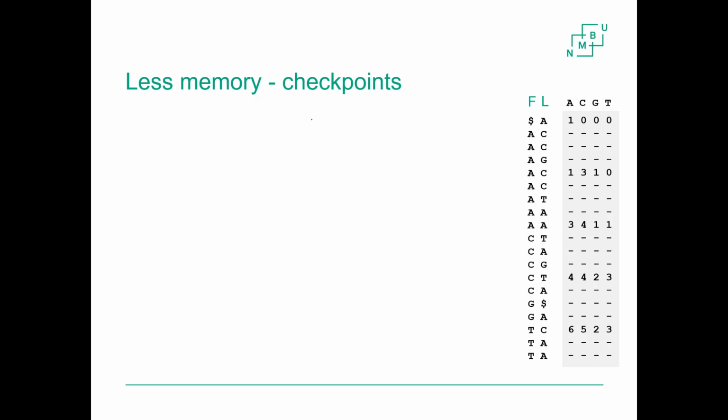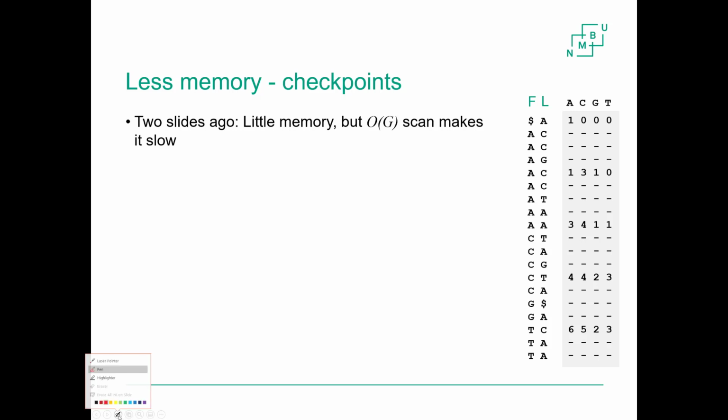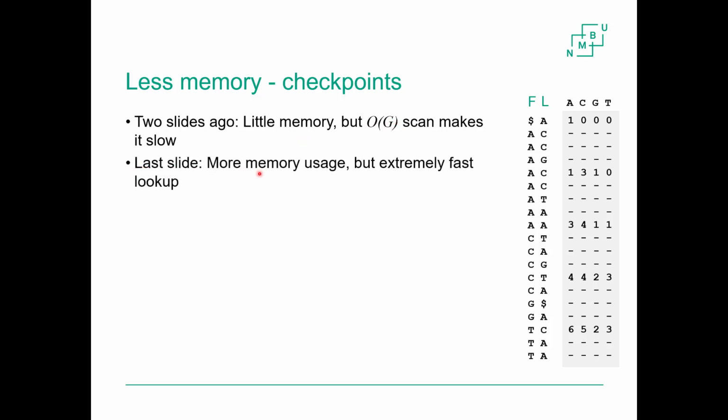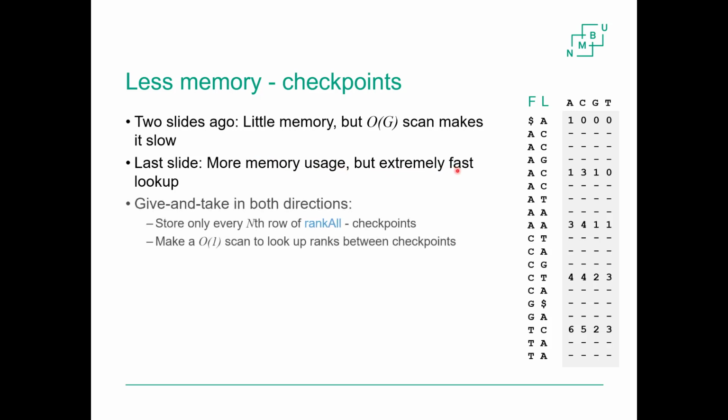So there is an intermediate solution here that is used in practice. If we go 2 slides ago, we used little memory, but we had to use this slow scan to find the ranks. But in the last slide, we used more memory to make the extremely fast lookup of the ranks. And now we give and take a little bit in both directions.